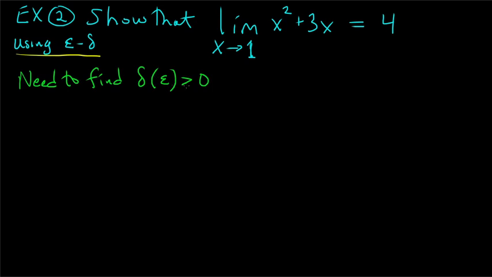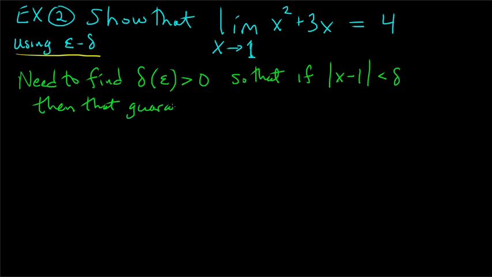That delta will be some positive number so that if the absolute value of x minus 1 is less than that delta, then that guarantees that the absolute value of f of x minus L will be less than epsilon. In this case, f of x is x squared plus 3x, and L is 4.